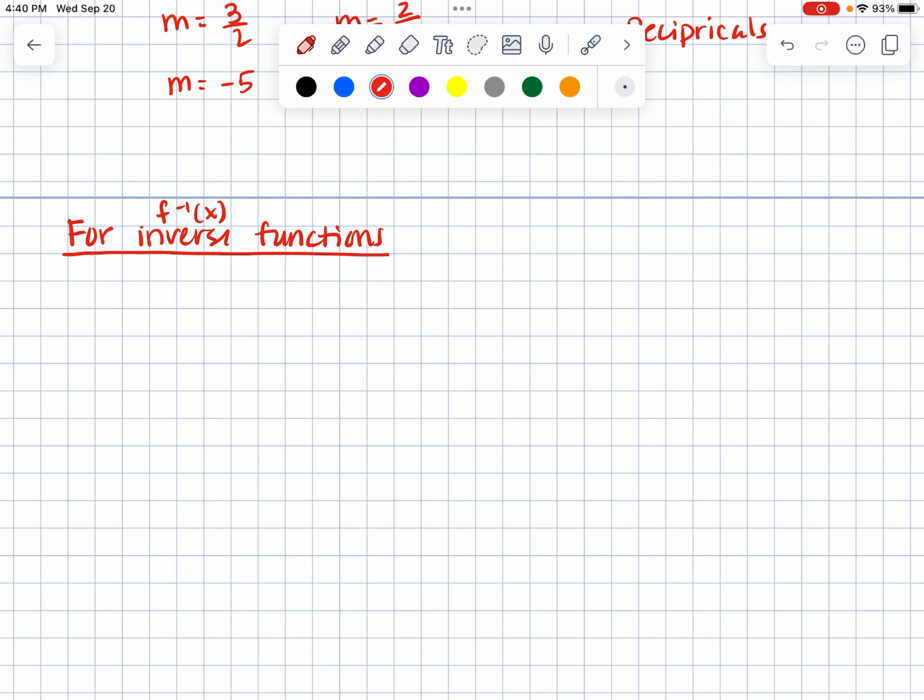I want you to go f of x, and then a line, and then f inverse of x, and then a line under that. And then I want you to make a little point, so this is going to be for x, y. And then here, I want you to go f prime of whatever this point is equals, and then we're going to do f inverse prime of whatever this number is.